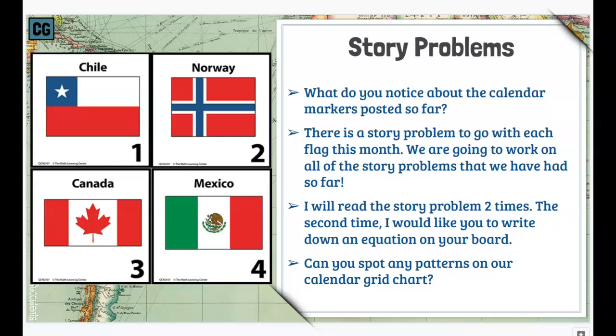The second time is when I'll have you use your whiteboard to write down an equation that would match the story problem. We'll have a look at how I want you to do that when we start with our first flag. After we write our equations, we'll go back to our calendar grid observation chart and think about some patterns we're starting to see. Let's look at our calendar marker for day 1.